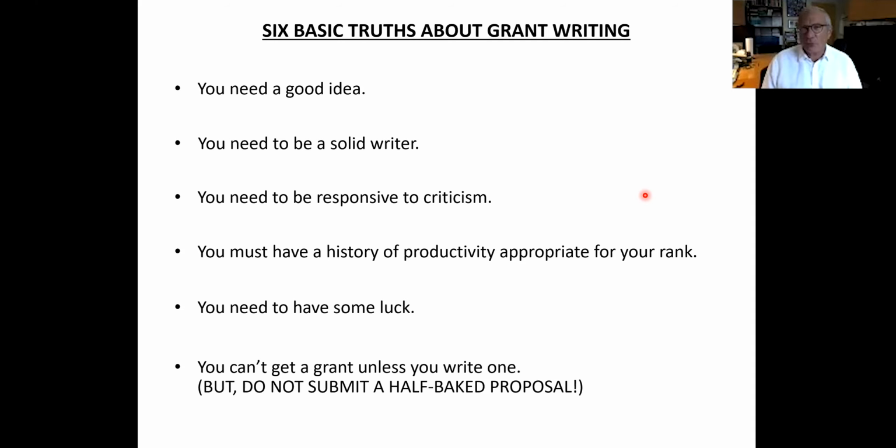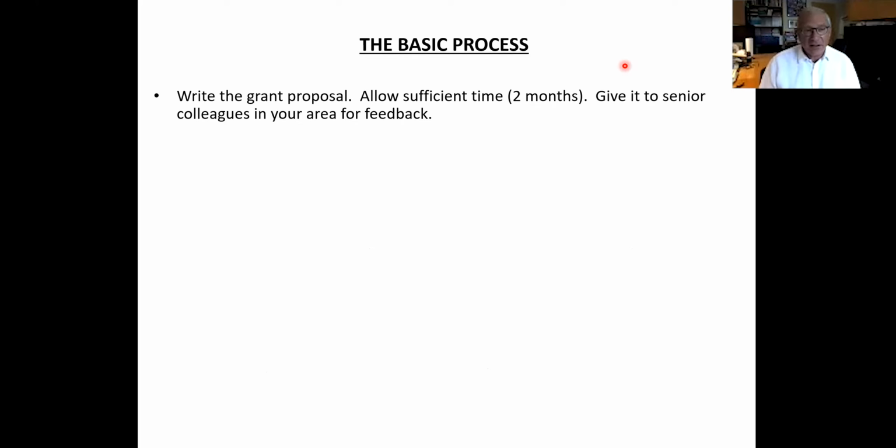All right, so let's talk a bit about the basic process. You write the grant proposal, and allow sufficient time. Personally, at this point in my career, I allow at least 2 months, sometimes 3. You should give it to senior colleagues in your area for feedback. If they're familiar with your research, that's even better.